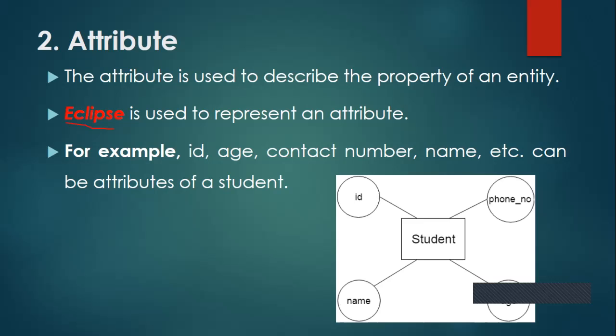A student can have a student ID, a phone number, some name, and after that a student will be having his Aadhaar card ID, voter card ID, right? Those are all his properties or characteristics, and we can represent them in ellipse form. Sorry, here it is in circular form. Kindly consider it as ellipse form.